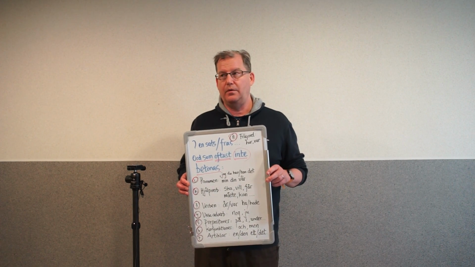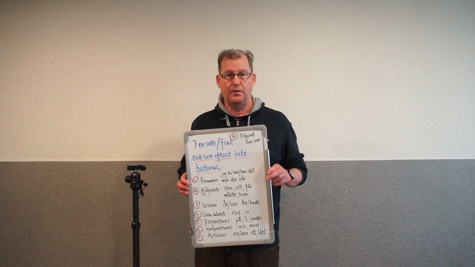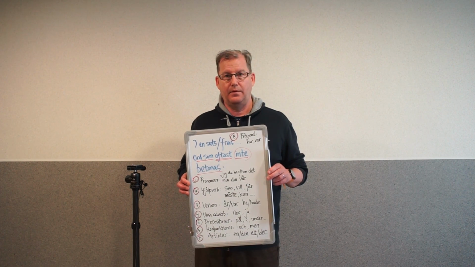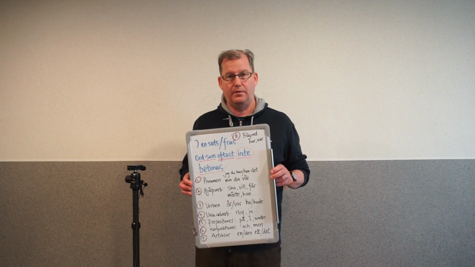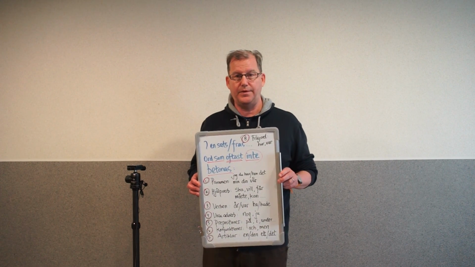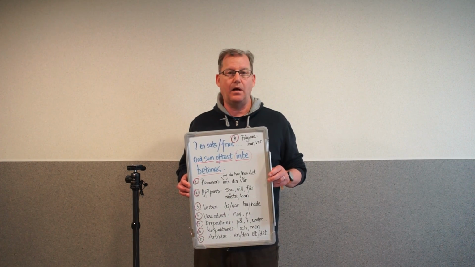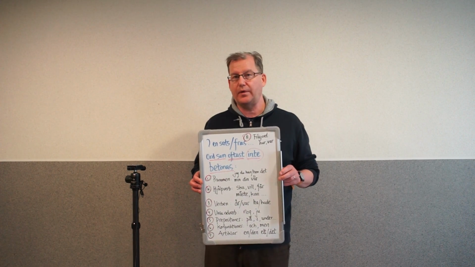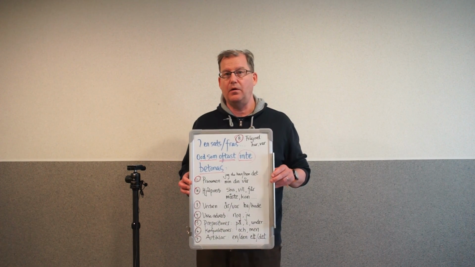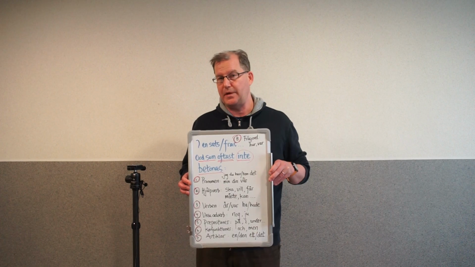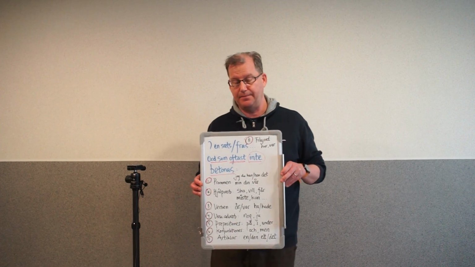For example, varför, eller när, eller hur ofta. All of those are question words. Where and when and why and how often. All of those are pronounced kind of quickly and with no special emphasis in a sentence.